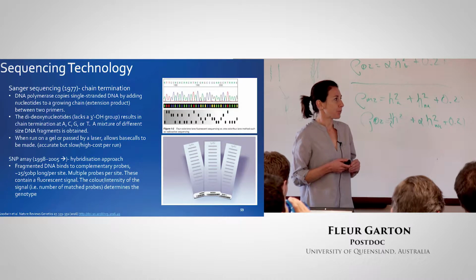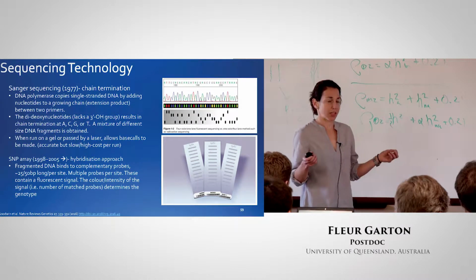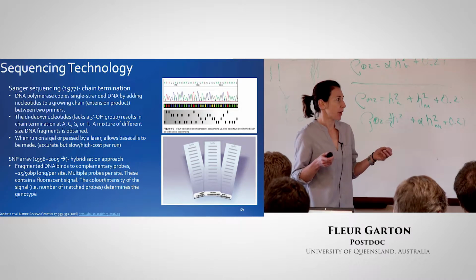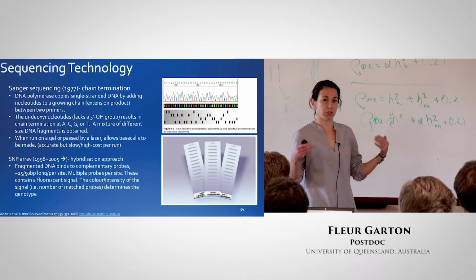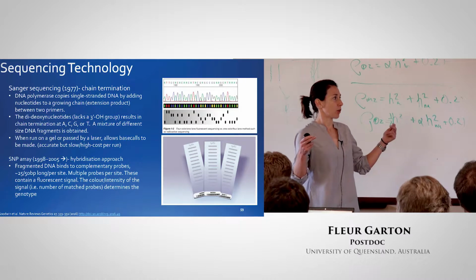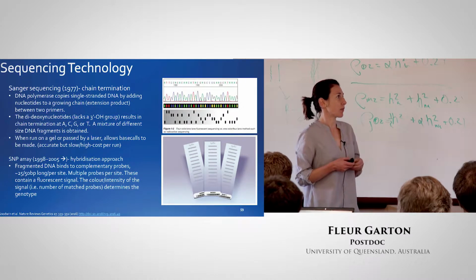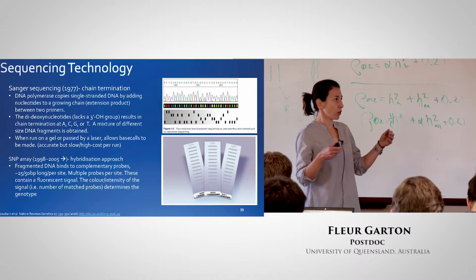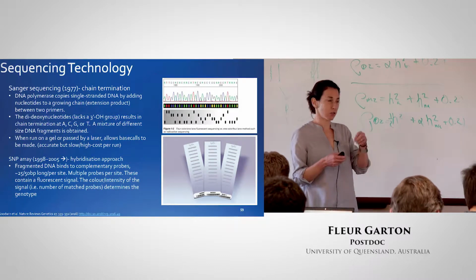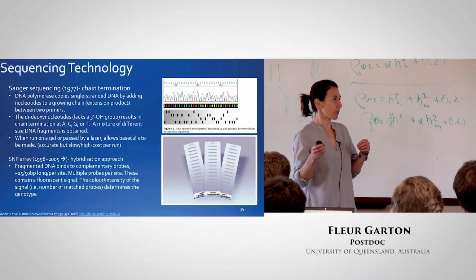So you have single-stranded DNA, and you have two primers going in opposite directions. A DNA polymerase copies the DNA by adding nucleotides to a growing chain.